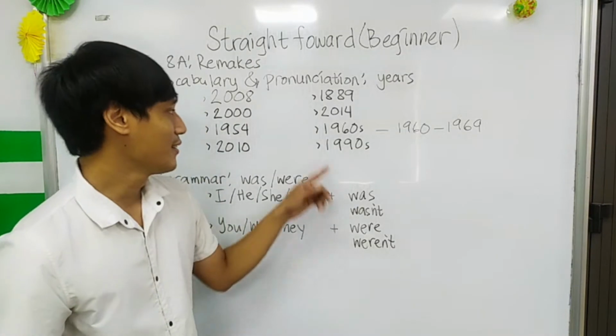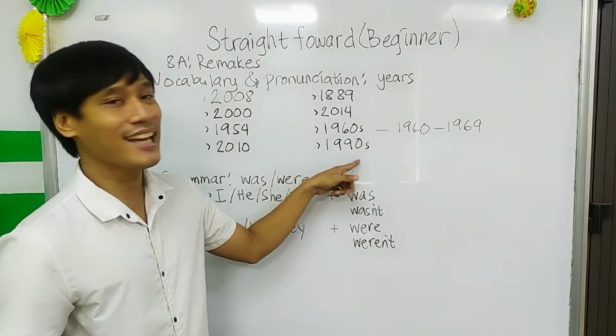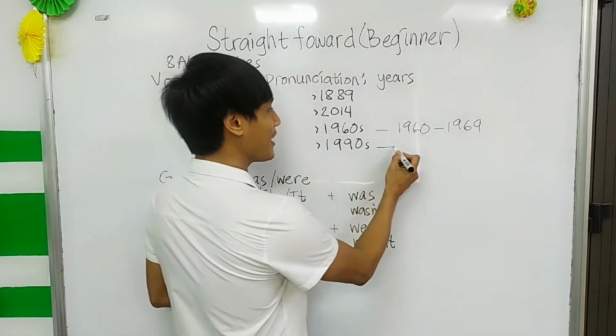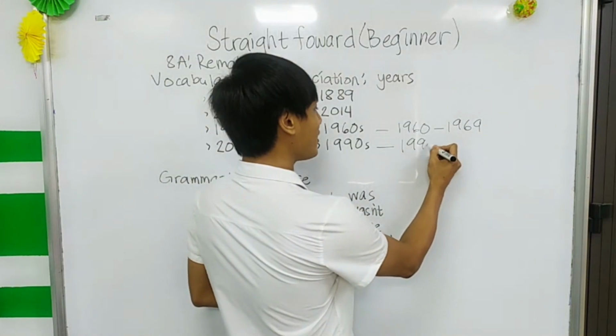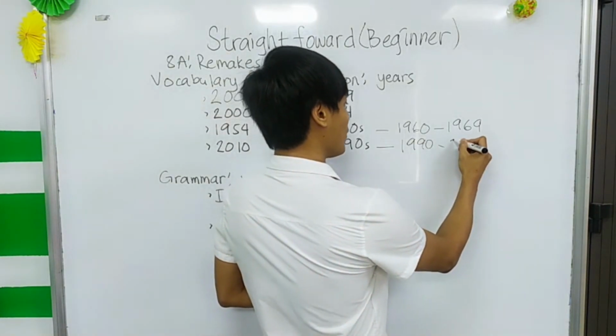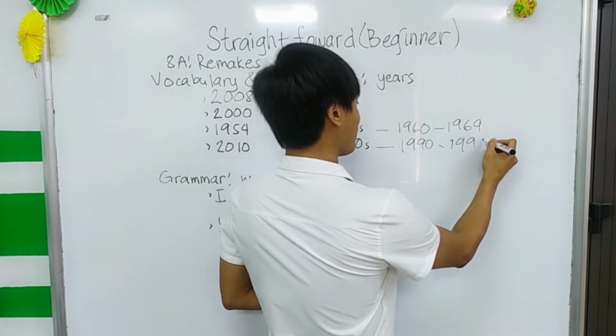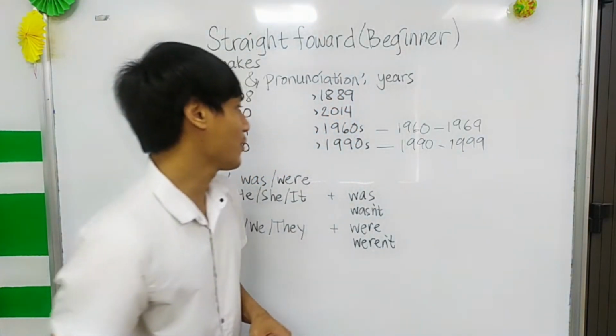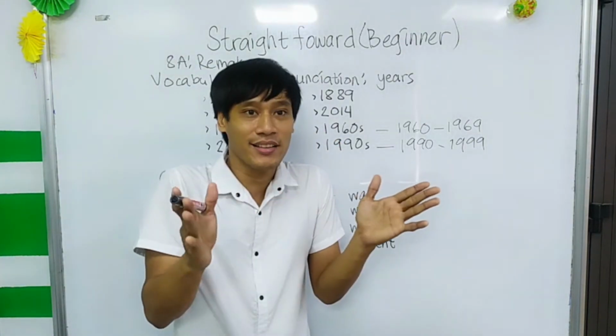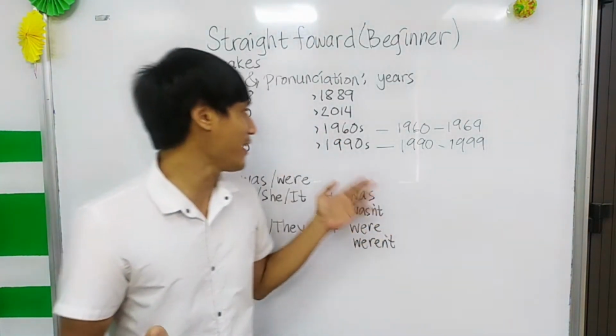And 1990s is 1990 to 1999. So that era is 10 years, 9 years, 10 years.